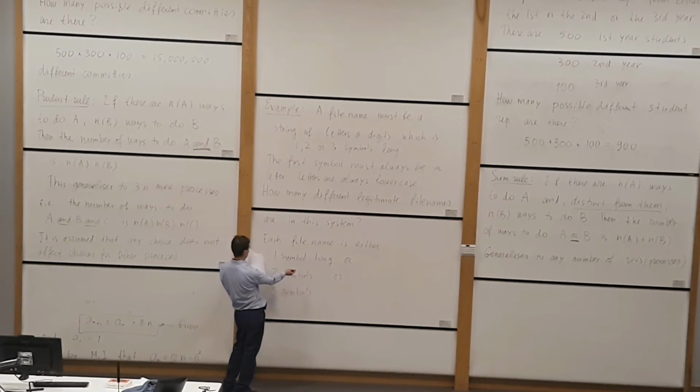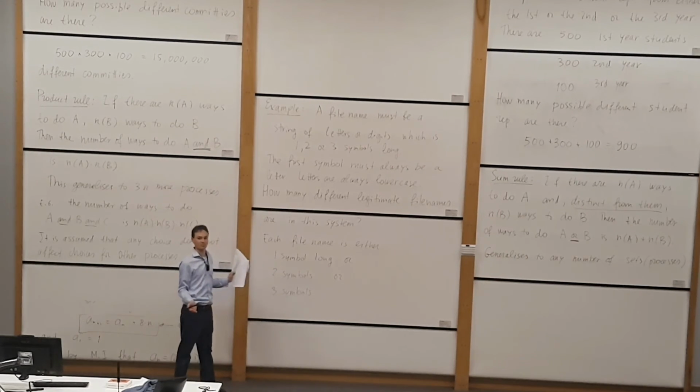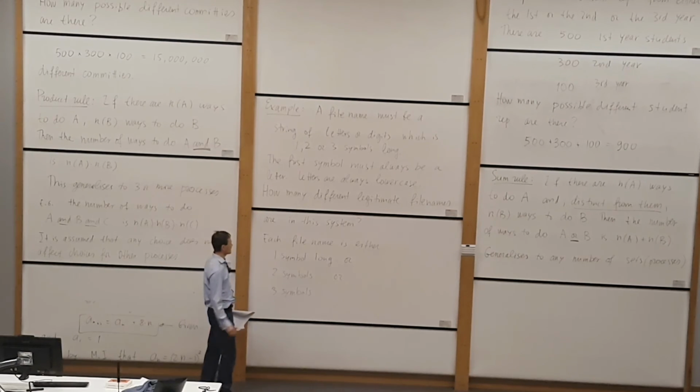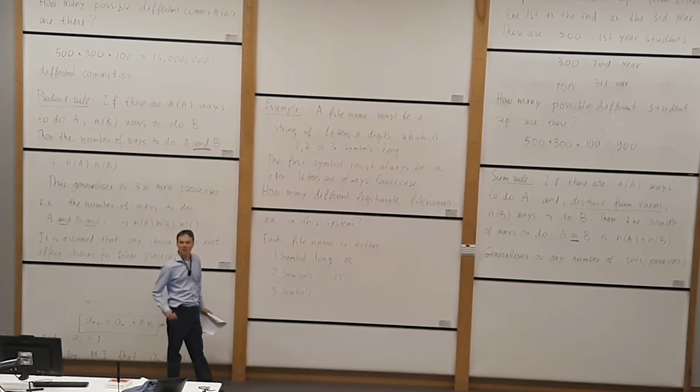There's no file name which is simultaneously one symbol long and two symbols long. That's nonsense, right? So there are three distinct possibilities, and either one of them is allowed. This immediately tells you that you can use the sum rule.